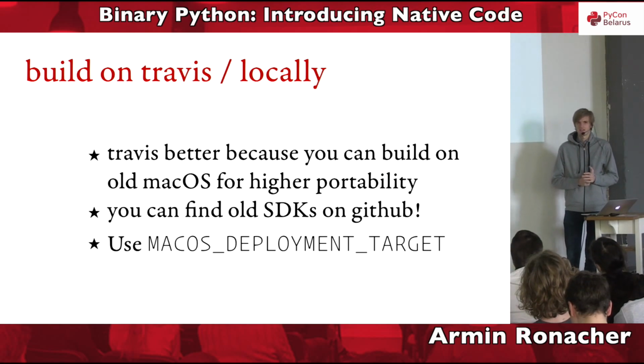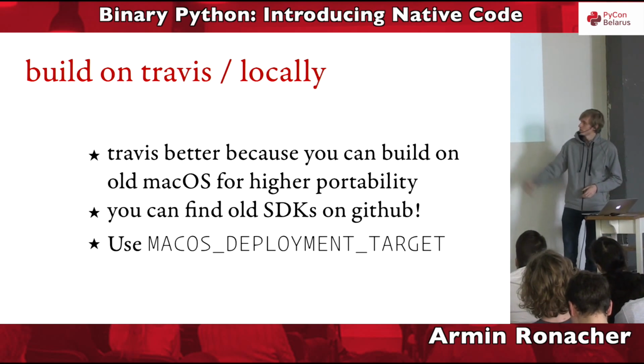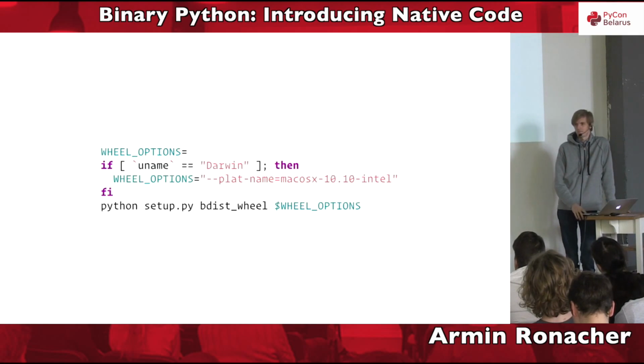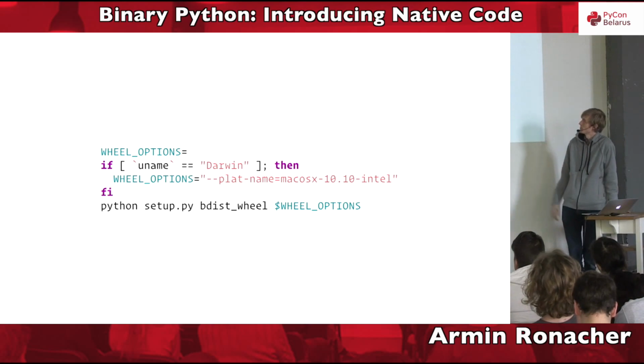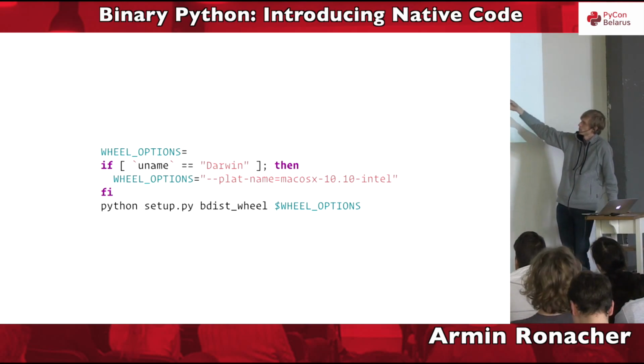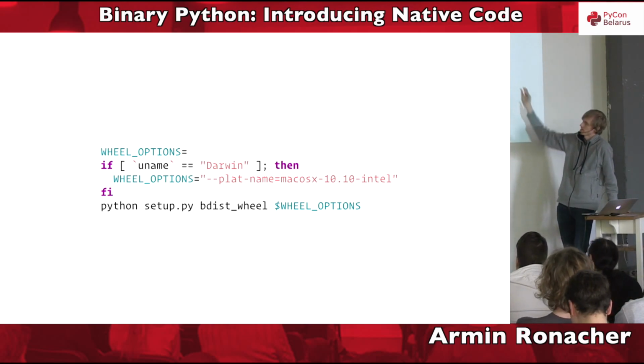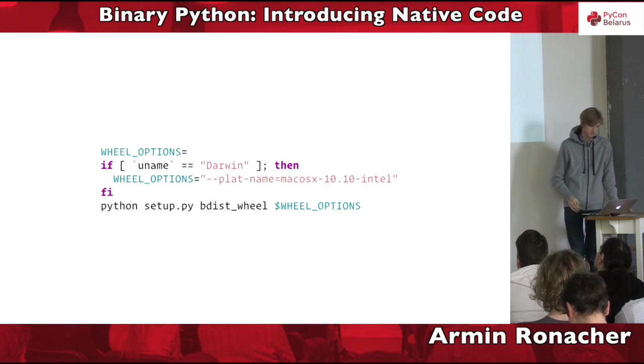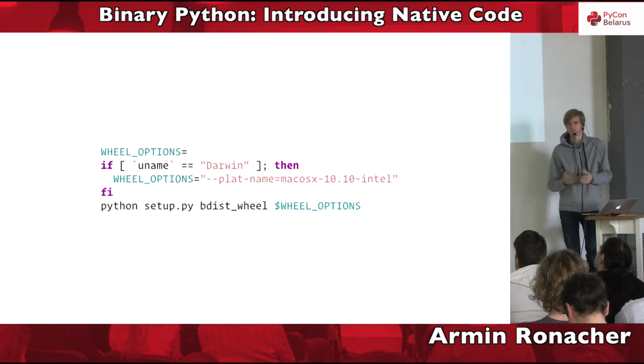And since those SDKs are long gone, you have to find them and put them in magic places. And then you can use the macOS deployment target to say, I want to build for 10.10. And then because pip thinks that this is compatible with some other version, you have to manually override the platform name to be macOS 10.10 Intel, because otherwise it will pretend that it also works with 10.6, which I think at this point is like 15 years old. Or maybe not, but it's very old, and if you run it on a Mac older than 10.10, it will definitely fail.